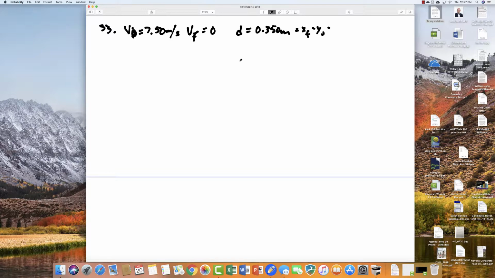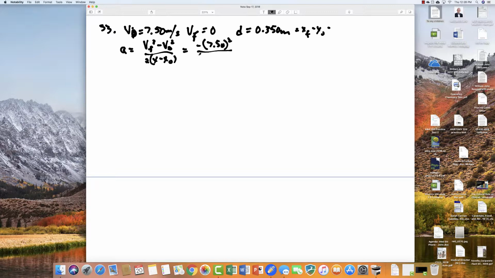So the question is, what is his deceleration? Now we remembered that in this previous problem, we saw that acceleration is equal to VF squared minus V0 squared divided by 2 times x minus x0, or 2 times d. And we can put in VF is 0, so V0 is minus 7.50 squared.